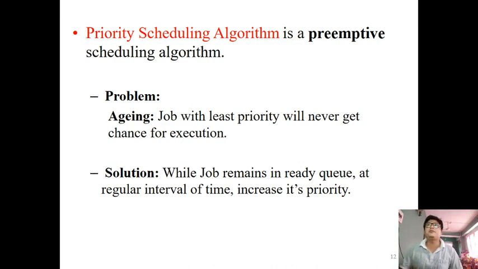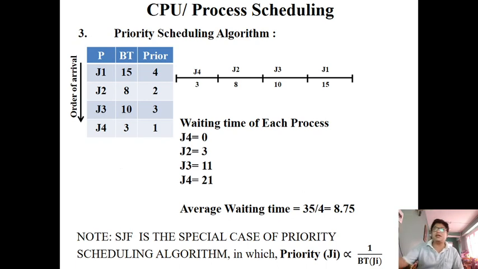Now talking about the problems. The problem of the priority scheduling algorithm is that the process which has the minimum priority will never ever get a chance. If you see the snapshot of the system, it is taken at time t equal to 0.